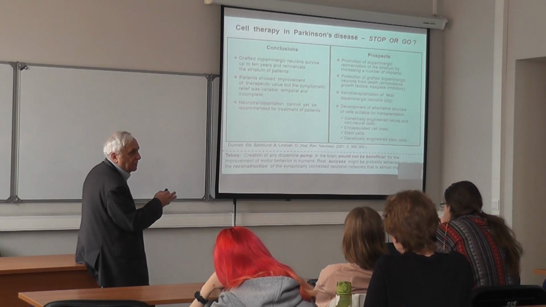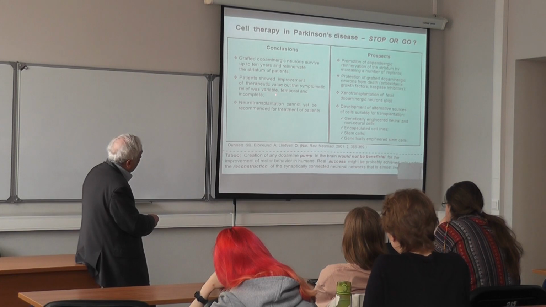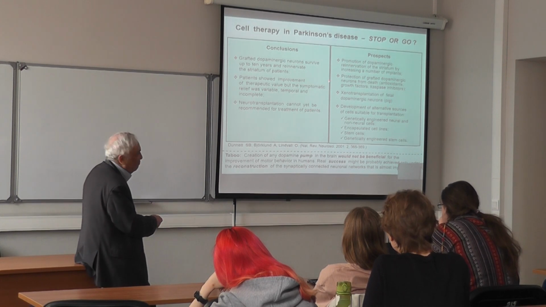This is very good. This is an excellent conclusion. Patients show improvement of therapeutic value. This is good, but this is bad. The symptomatic relief was variable, temporal, and incomplete. And this is really bad.